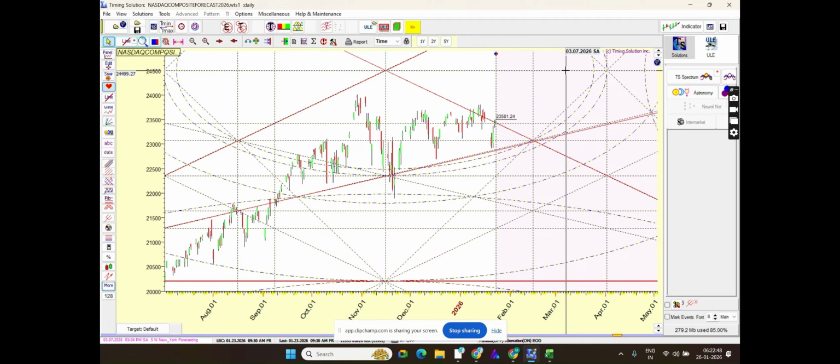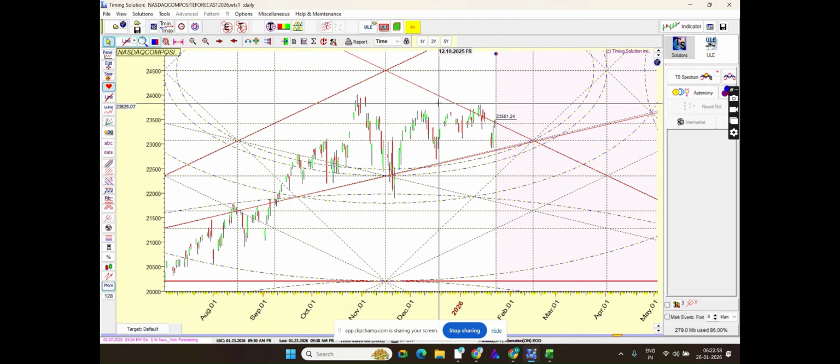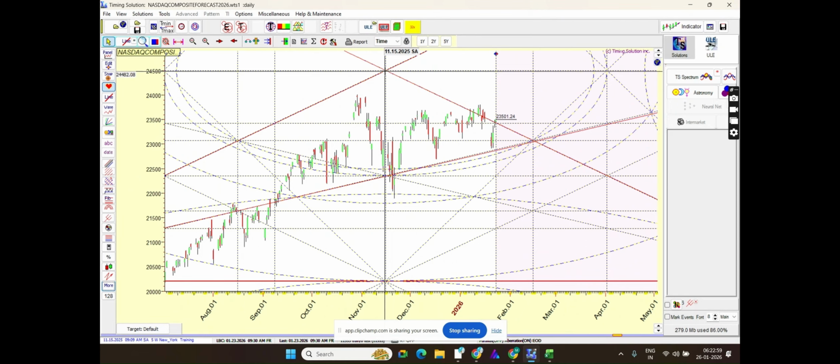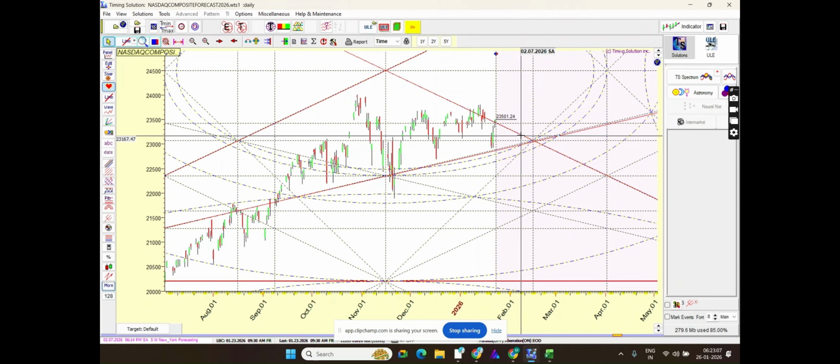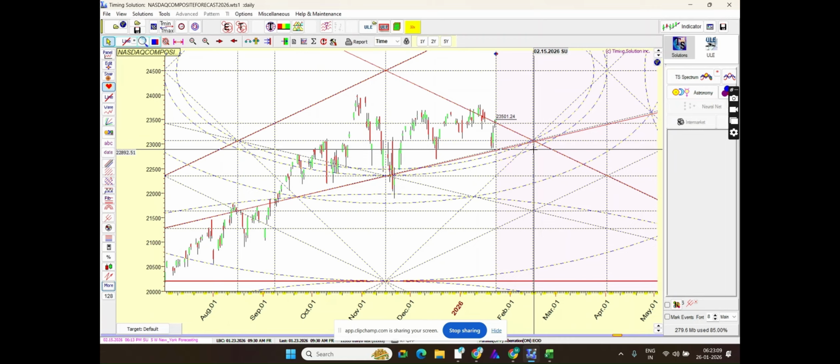It is roughly 24,500 only, as we read earlier. The important thing here is Nasdaq is now moving out of the shadow of the 1 by 1 angle in the minor square. The square out happens on this date, 15th Feb 2026, so this is going to be one important time period.